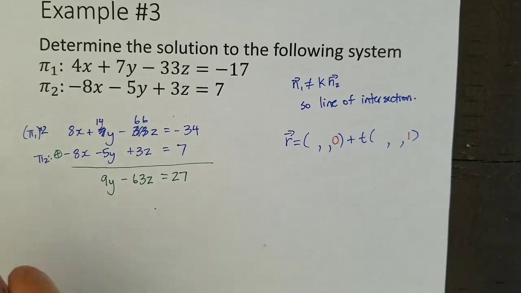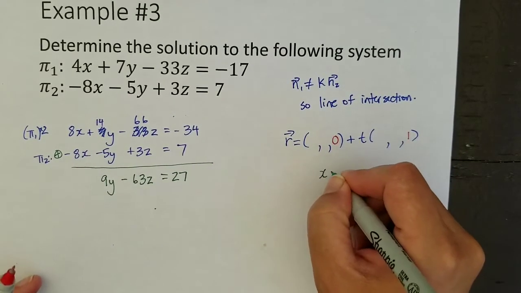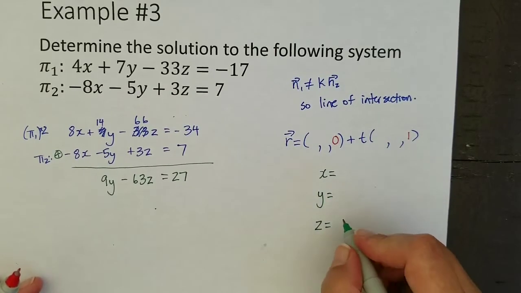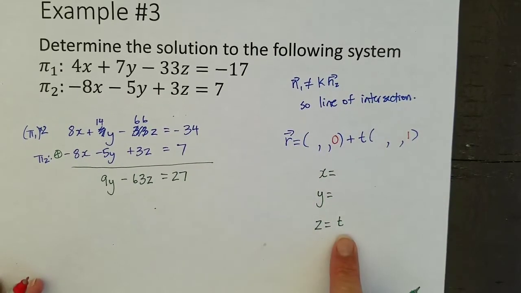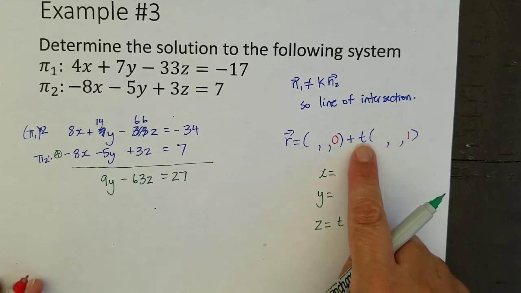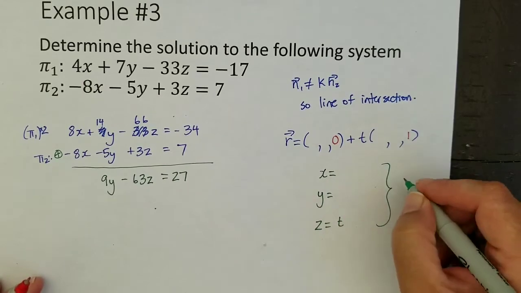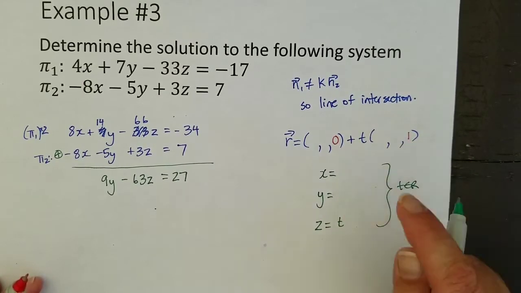What that's going to give us in terms of our parametric equations is z equals t, right? It'll give us 0 plus 1t. So that's going to be very nice and easy to use.